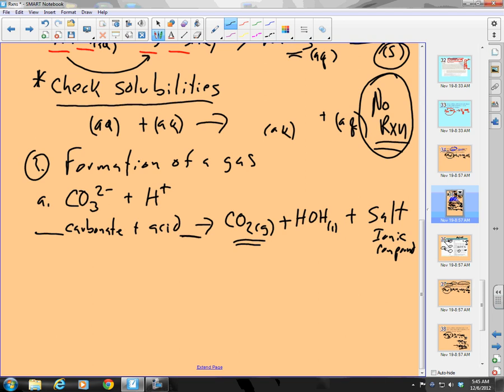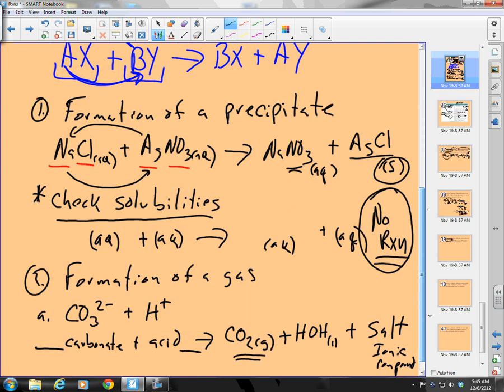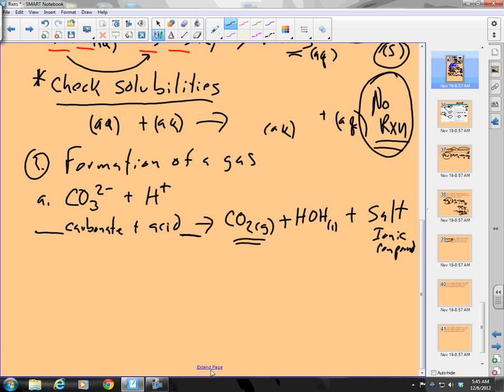Okay? So here we go. What did we have? I had potassium carbonate. Okay, so let's draw this here as our example. I have potassium carbonate, K2CO3, aqueous, plus hydrochloric acid, aqueous.